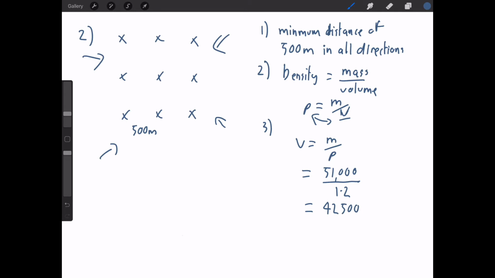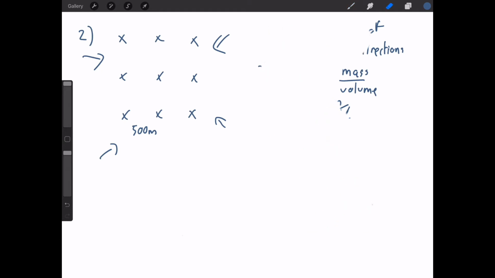Don't forget units, meter cubed. However, it does also say give your answer to two significant figures. So if you wrote this, you would lose a mark. Really, we should be writing 43,000, rounding it up. That's a very easy way to lose marks, and you really shouldn't be doing it. Okay, so splitting all this out, let's move on to the next part.